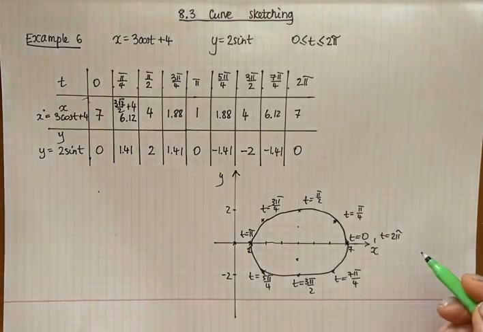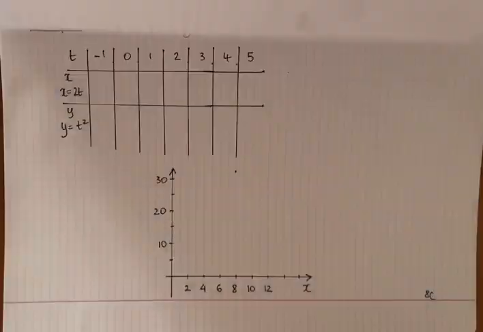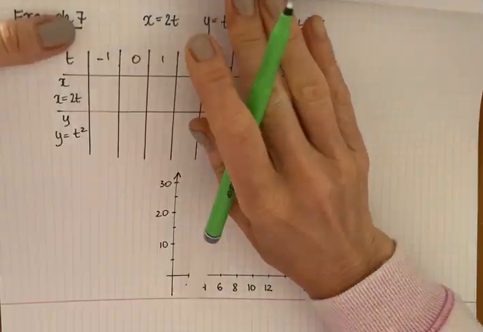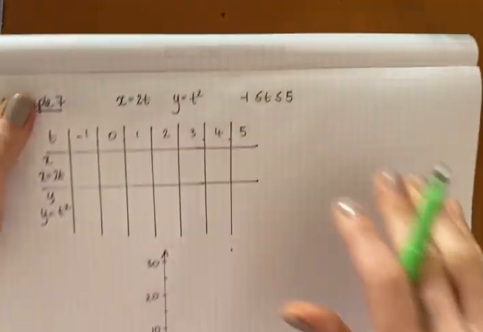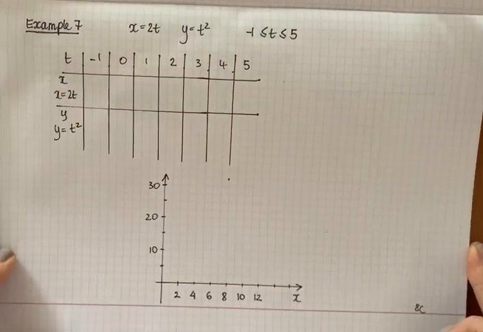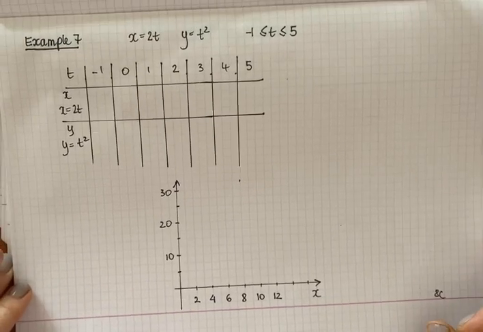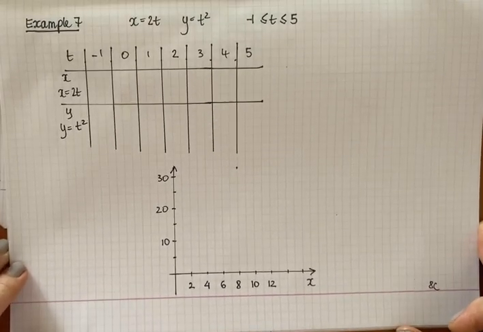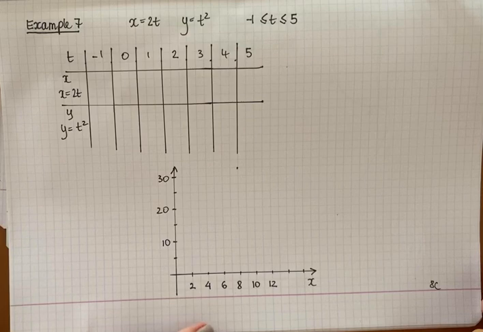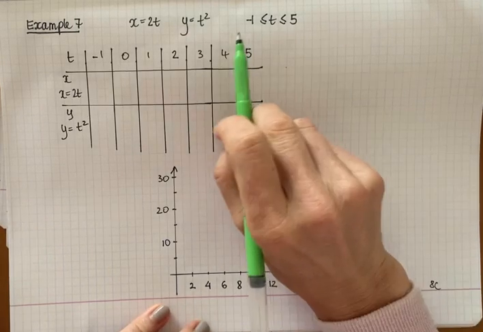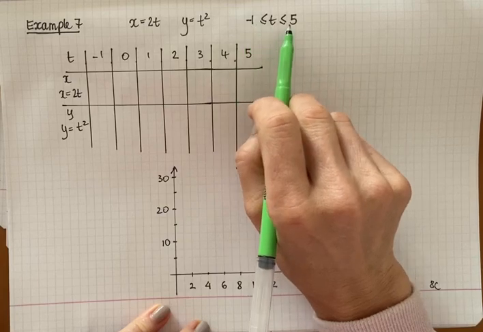Okay, so we'll look at another example. This time it's not a trig function. So x is equal to 2t, y is equal to t squared. It's defined between -1 and 5.